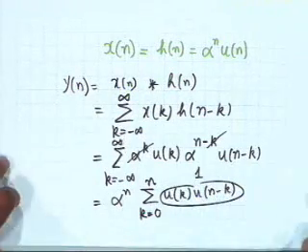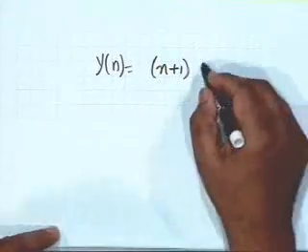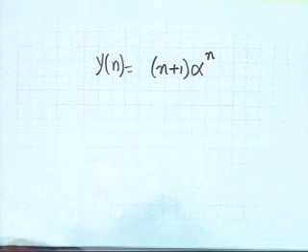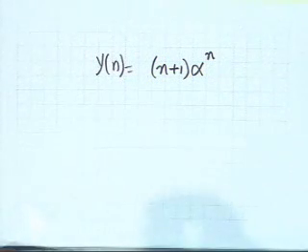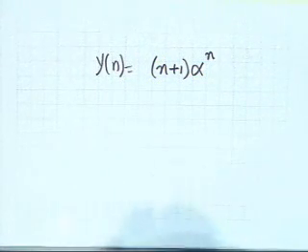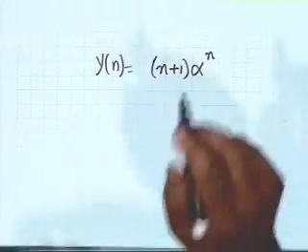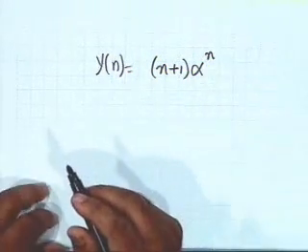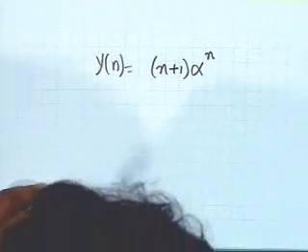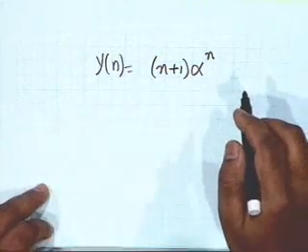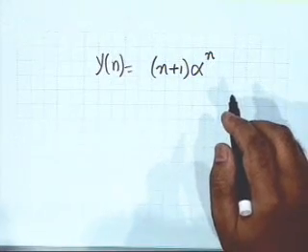And therefore the great conclusion is that y of n is simply n plus 1 times alpha to the power n. Should we multiply this by u of n? Does y of n exist if n is less than 0? Why not?